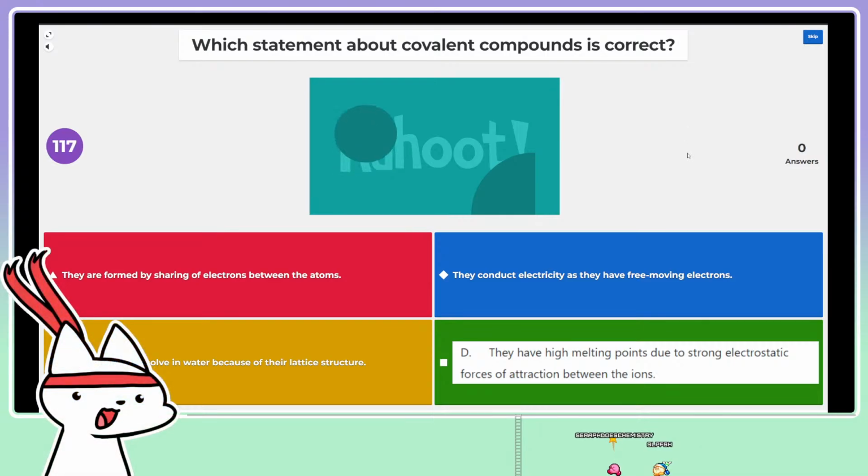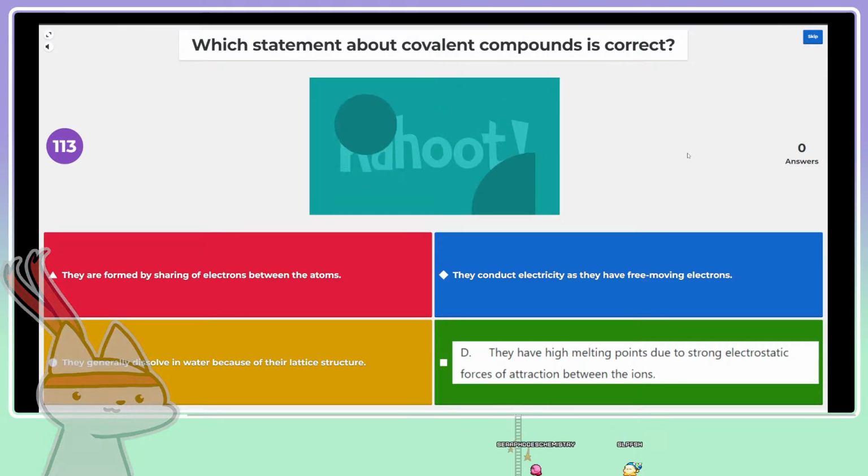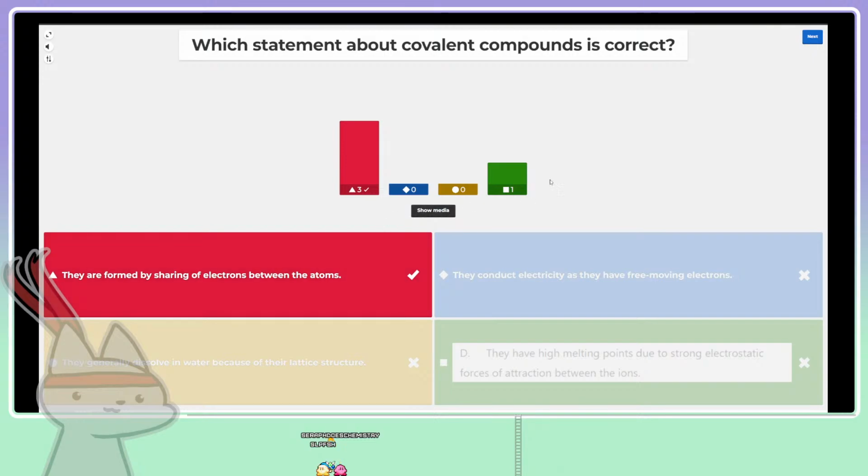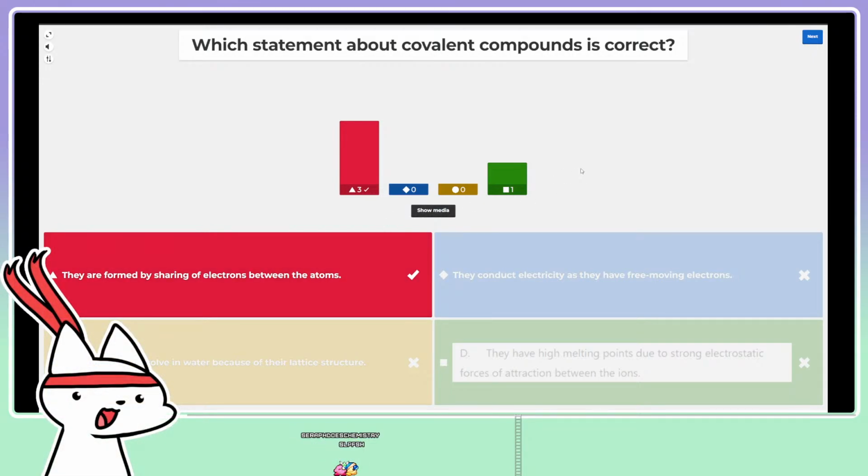Okay, which statement about covalent compounds is correct? In this case, covalent compounds share electrons with each other.